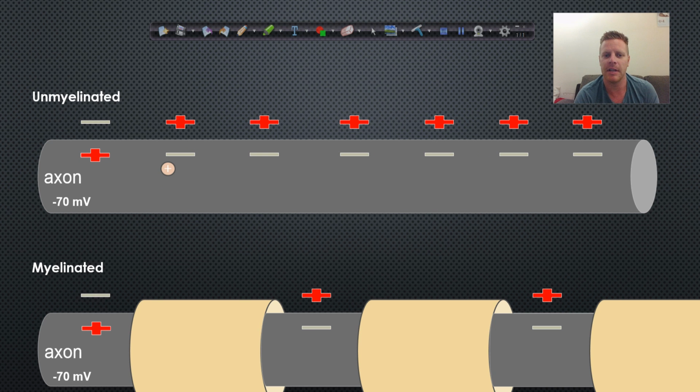So the difference being, a myelinated axon simply has these myelin sheaths that wrap around the axon, and they move ion channels away from the sheath. And so you get these spots between myelin sheaths, where all of the ion channels congregate, and these spaces are called nodes of Ranvier.